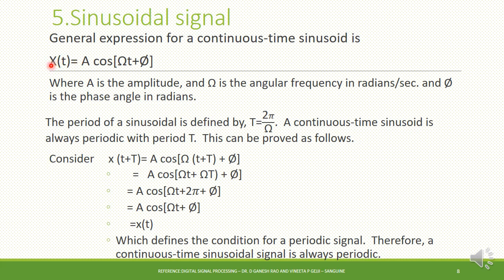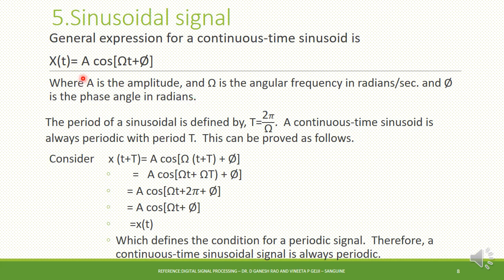For that, first we consider the continuous time signal x of t is equal to A cos of omega t plus phi. This is the standard equation for the sinusoidal signal, where A is the amplitude of the signal, omega is the angular frequency measured in radians per second, and phi is the phase angle in radians.